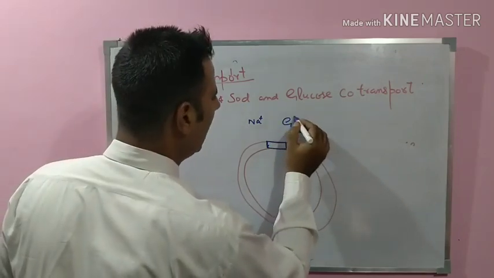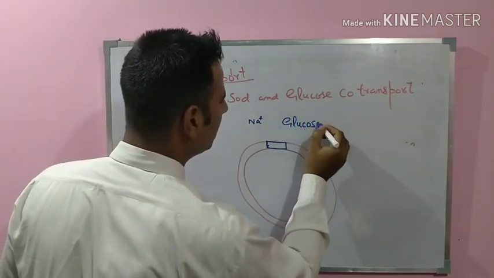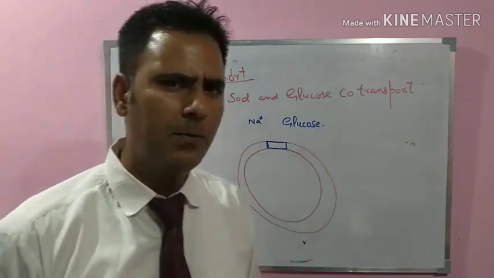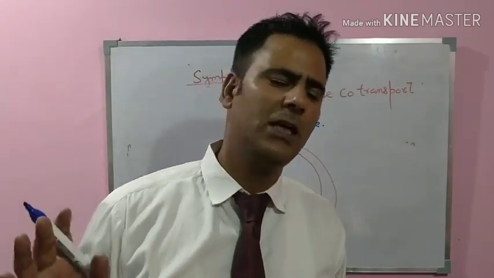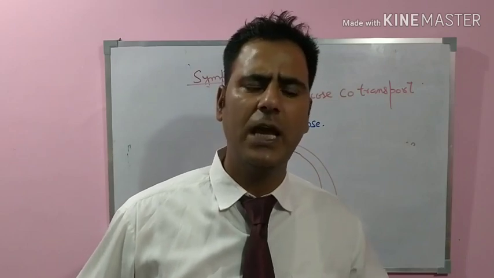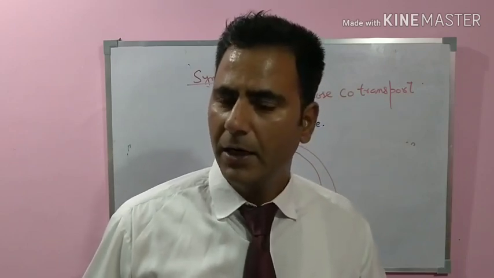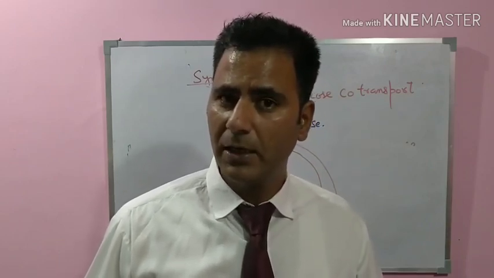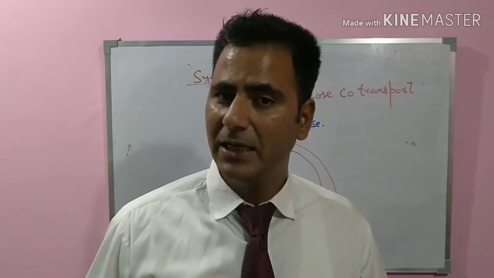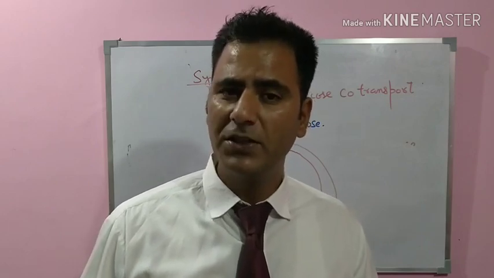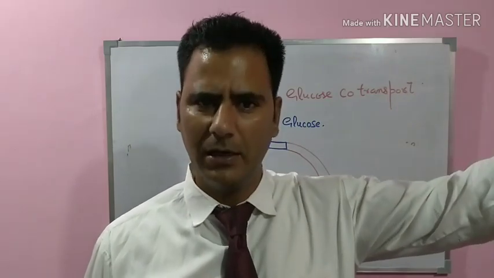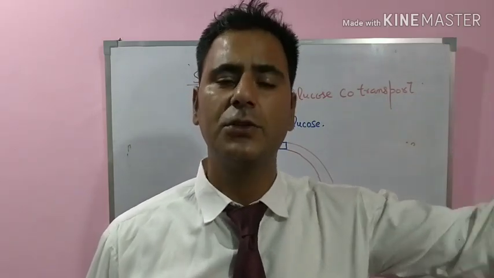The second thing is we have glucose. Glucose is required by the cells at all times because it is used for energy. It is a source of energy. The cell requires glucose even if it is present at low concentration in the cell and at high concentration in the extracellular fluid.